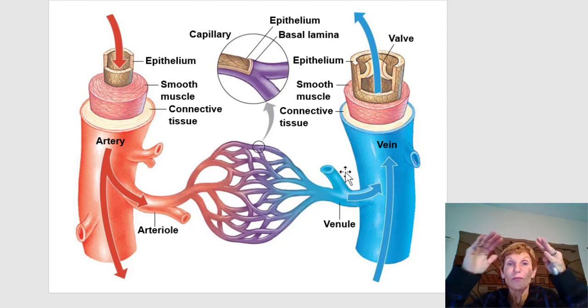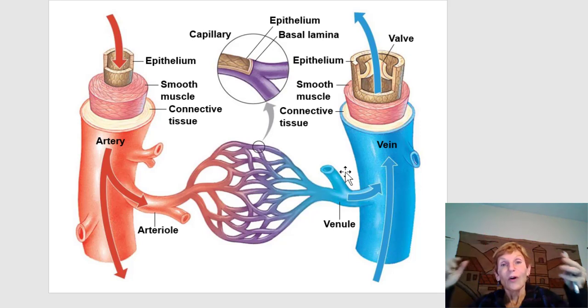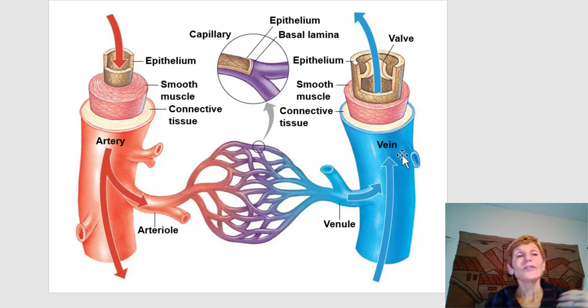And then the veins merge into the vena cava, which gets it even faster. And that helps it go up, even against gravity. Even though it sounds like it would be the reverse, you have to take into account that total surface area. So exchange occurs the slowest through the capillary beds.